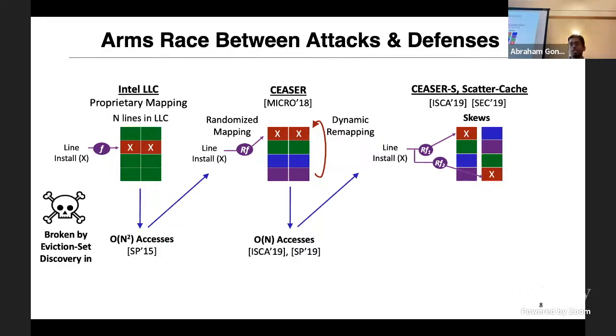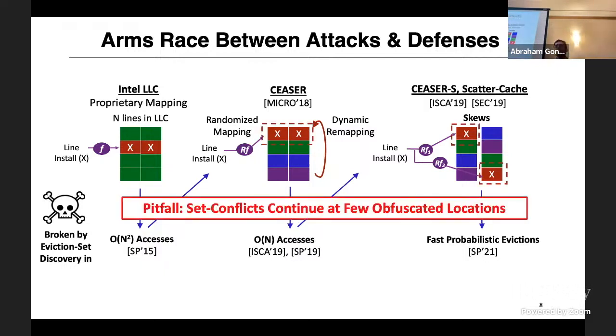The search space just increased, right? But with this probabilistic defense, there were new probabilistic attacks, which said, well, we can still construct an eviction set that will not deterministically evict the address, but probabilistically evict it with a reasonably high probability. That still succeeded in order of n accesses. So try a few times and it still works.